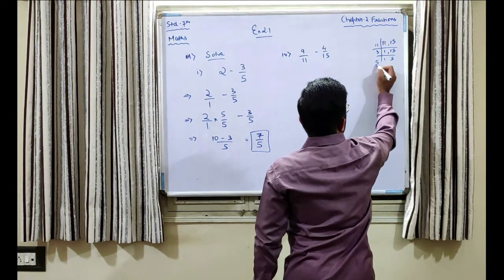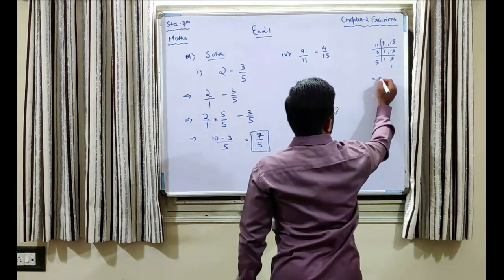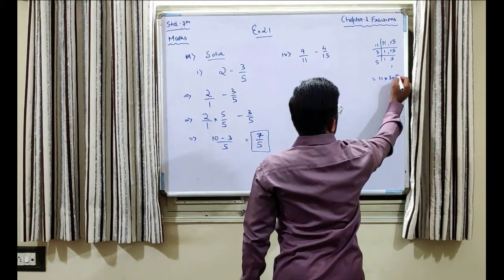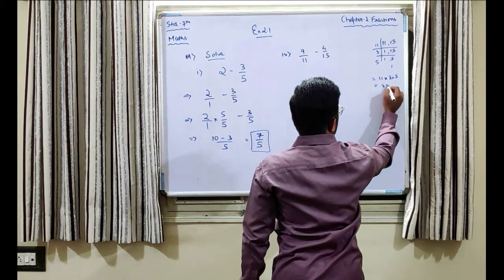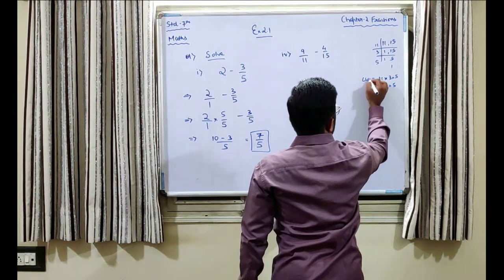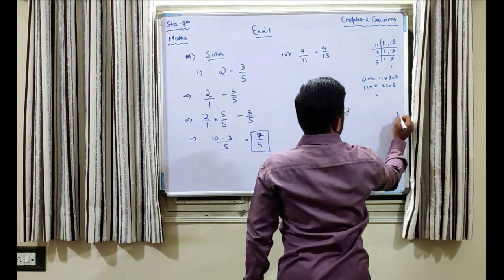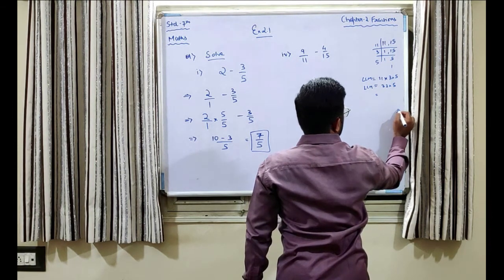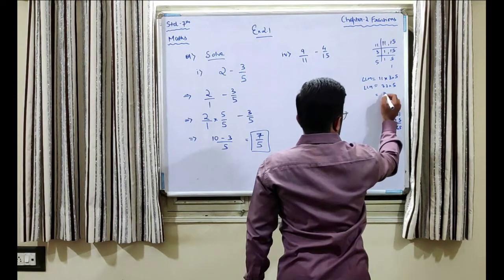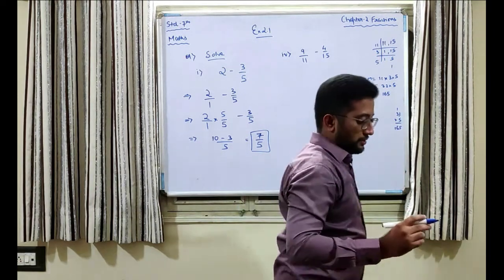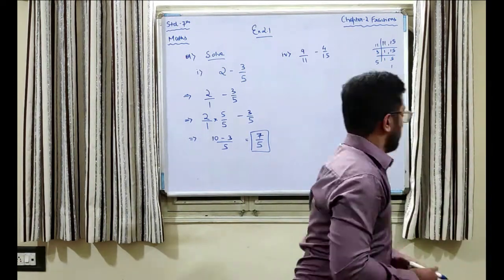So the LCM will be 11 into 3 into 5, that is 33 into 5, which is 165.